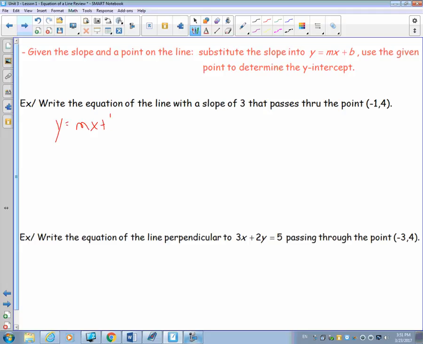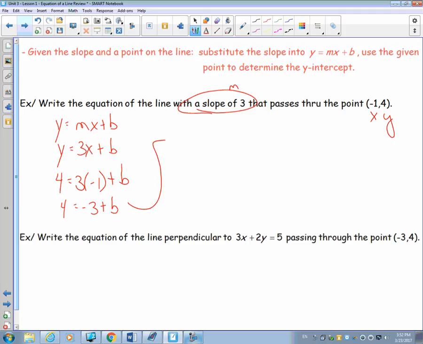So I want this. What do I know? Oh, I know m is 3, so I can fill that in. Only thing I'm missing is the b. I can figure out the b if I know an x and a y, and I do. A point is made up of an x and a y. So I'm going to put 4 in for y and negative 1 in for x and solve for b. 3 times negative 1 is negative 3.